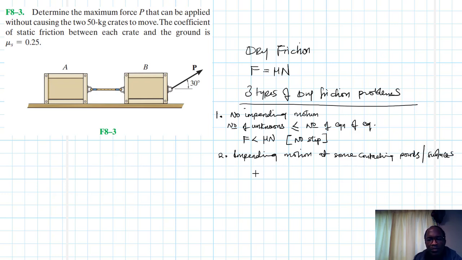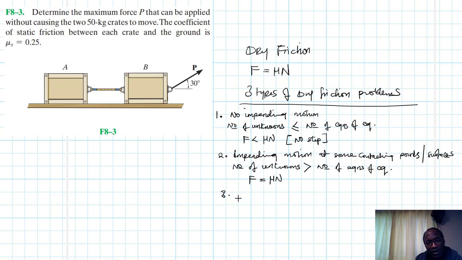In this particular case, the number of unknowns is greater than the number of equations of equilibrium, and in such a case we need to use the friction equation also.